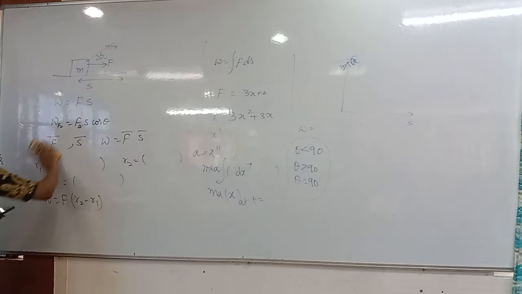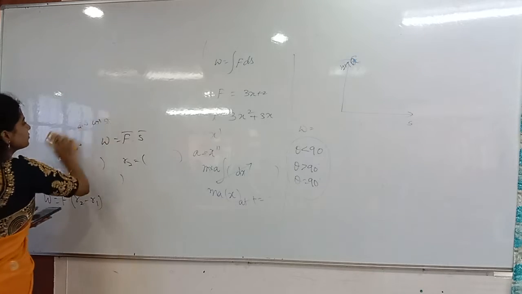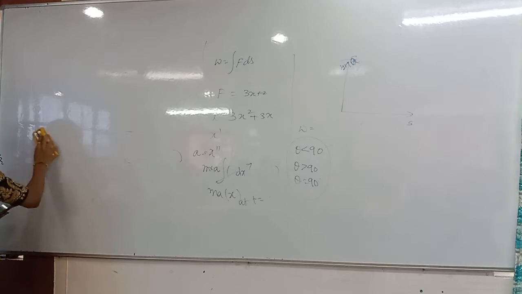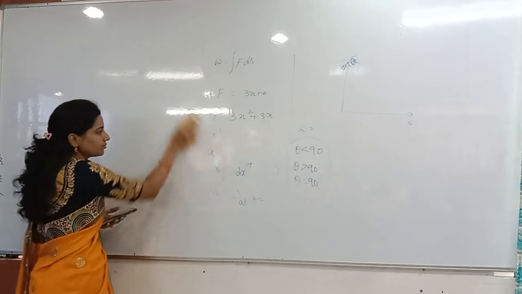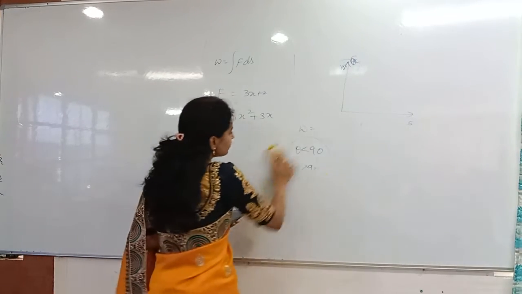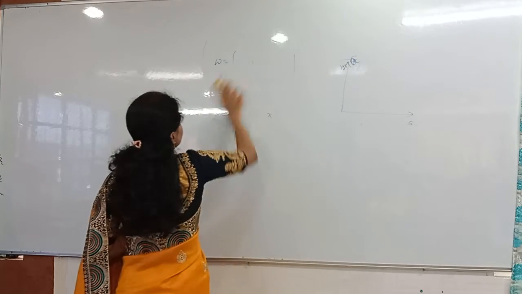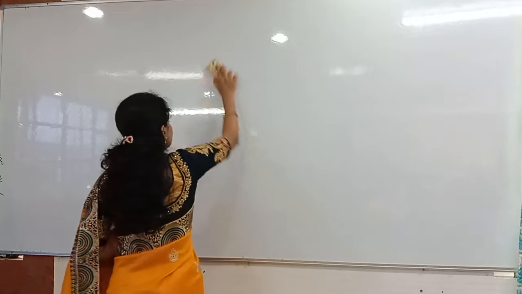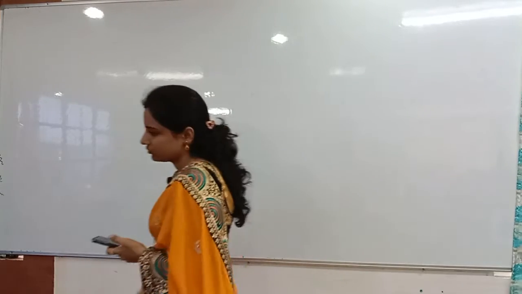Draw the upward machine. Upward machine you draw. Left side mass is 4 and right side mass is 6. It is a pulley block system.